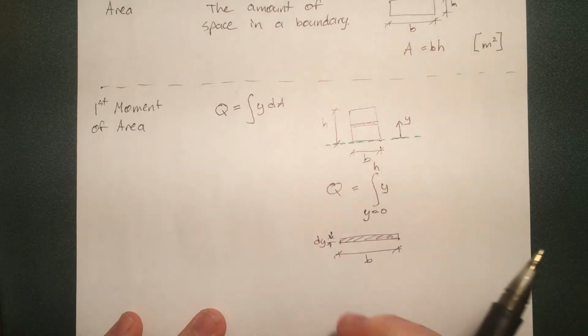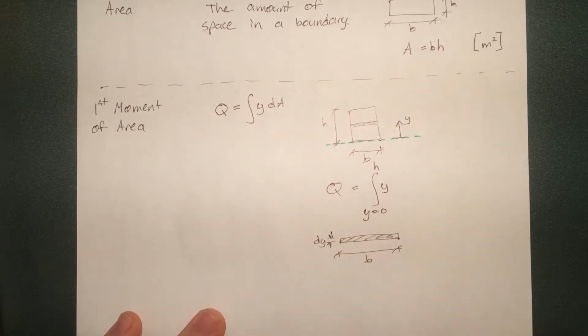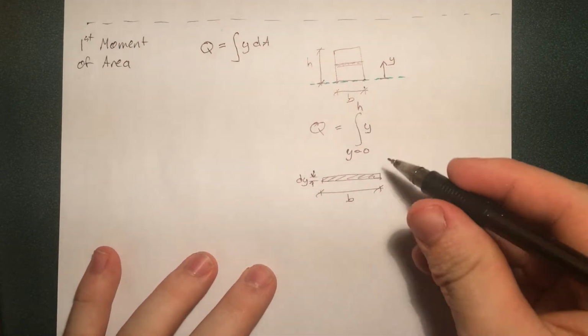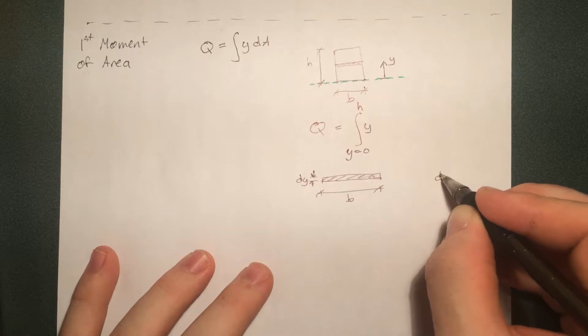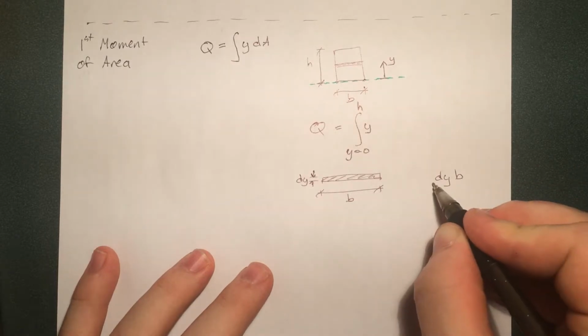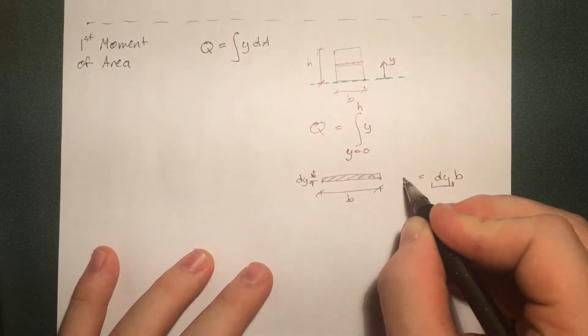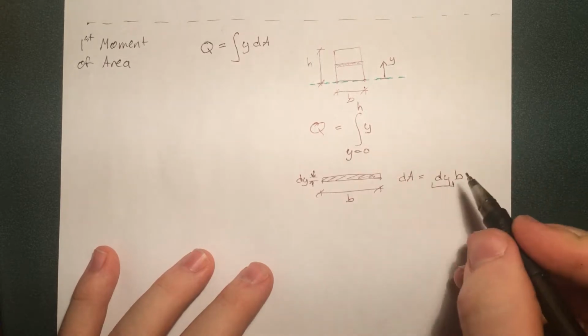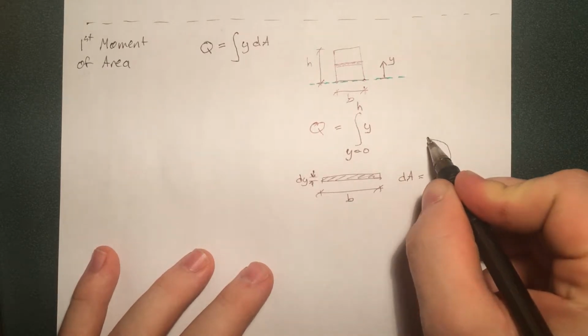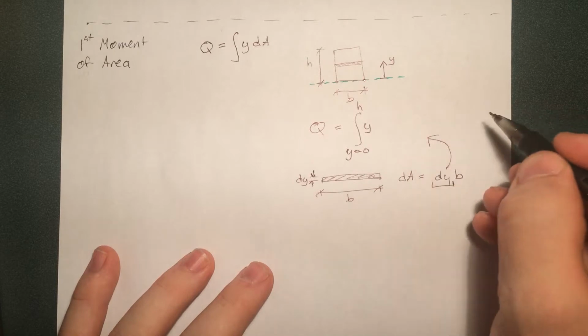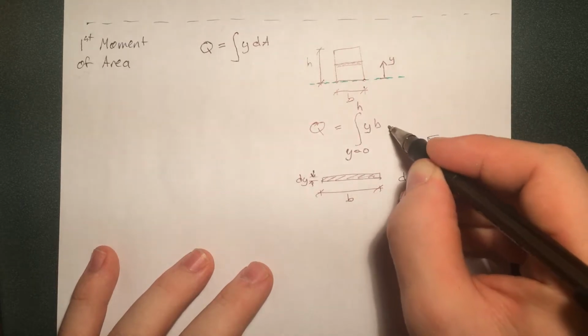So this is going to be the regular width, but we're only going to take a differential height. Okay, and then of course the area of this, dy, that's dy here, so that's going to be an amount dA. Alright, so we take this, plug it back into this equation here, b dy.